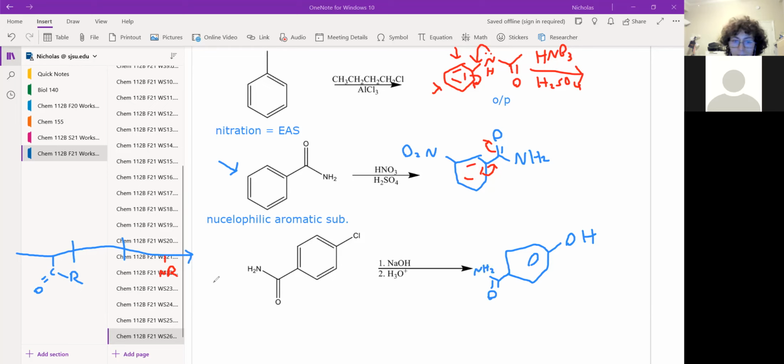So amides are EWGs because it's the carbonyl like this attached to the ring. So that's an EWG and it's para to the leaving group, so that works. So just remember that NAS requires a strong withdrawing group, ortho or para, and a leaving group, which is a halogen.